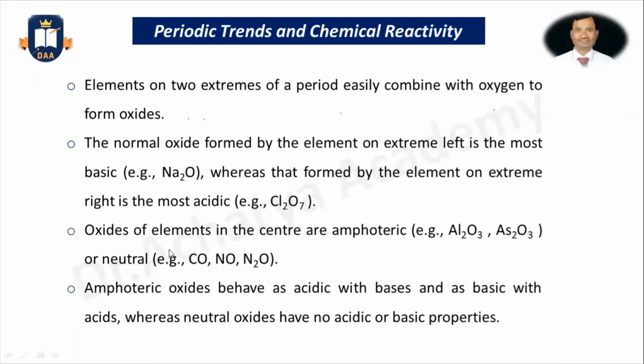So whatever the oxide of these elements is, it is neutral. Amphoteric oxides behave as acidic with base and as basic with acids, whereas the neutral oxides have no acidic or basic properties.